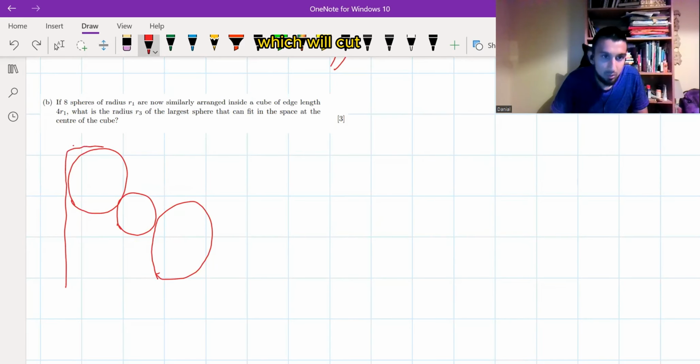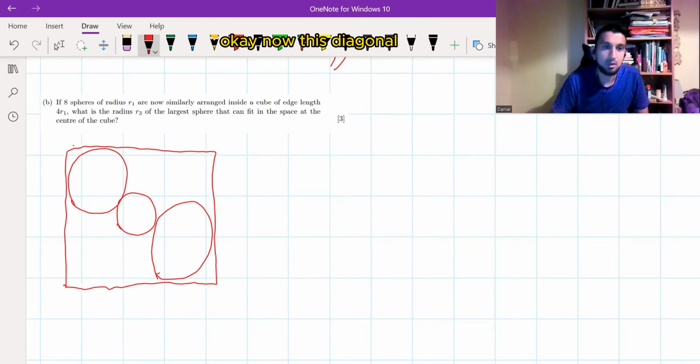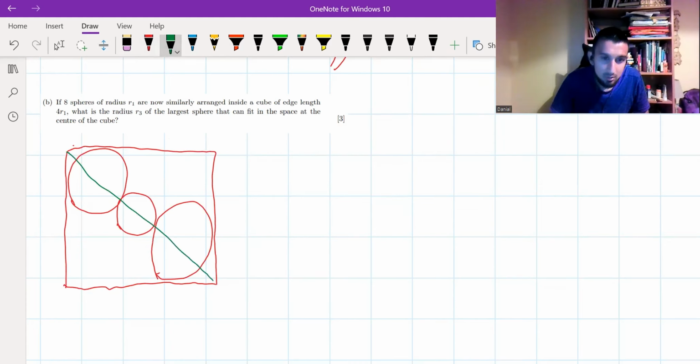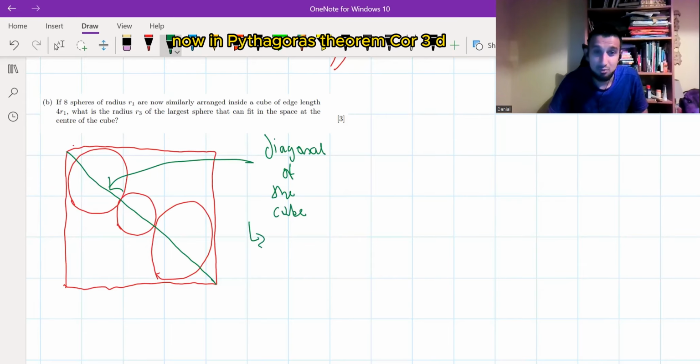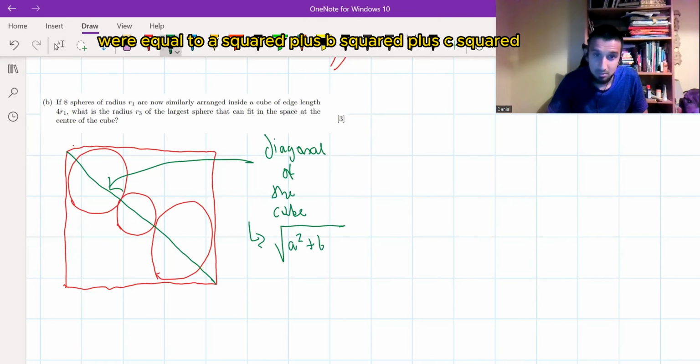which will cut, okay. Now this diagonal, now this is the diagonal of the cube. Okay. Now in Pythagoras' theorem for 3D, the diagonal of a cube squared will equal a squared plus b squared plus c squared.